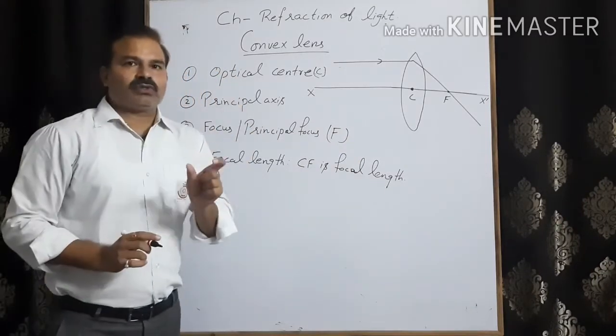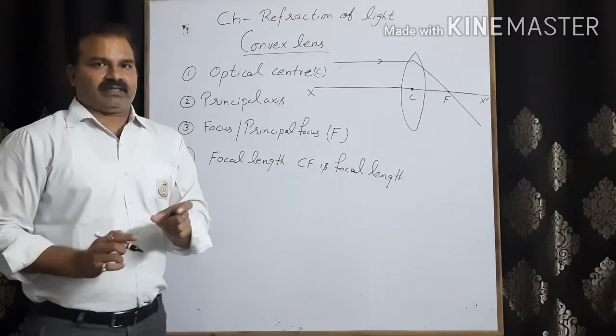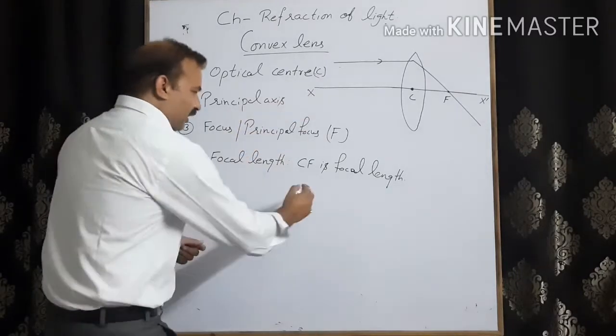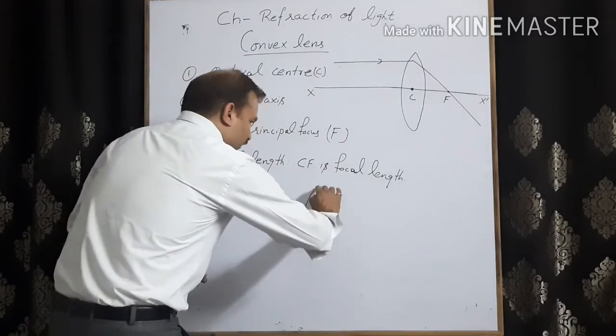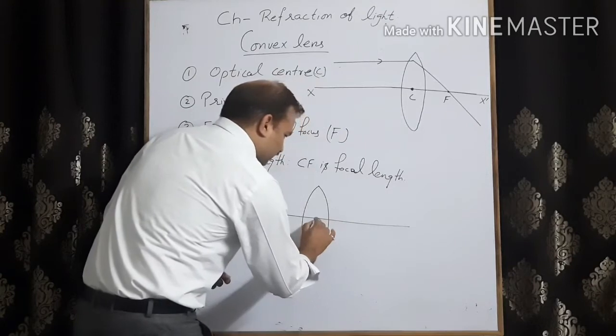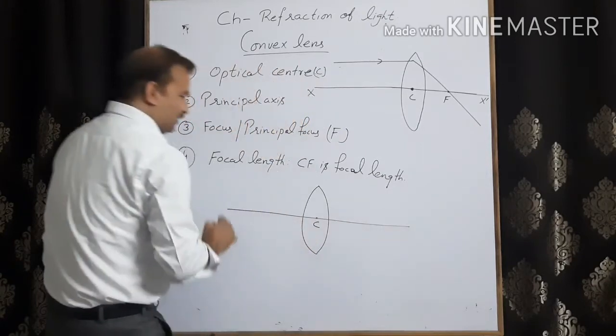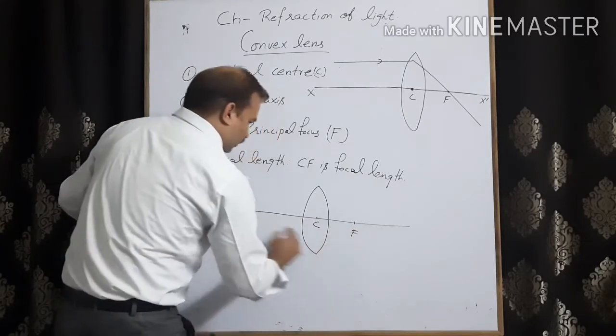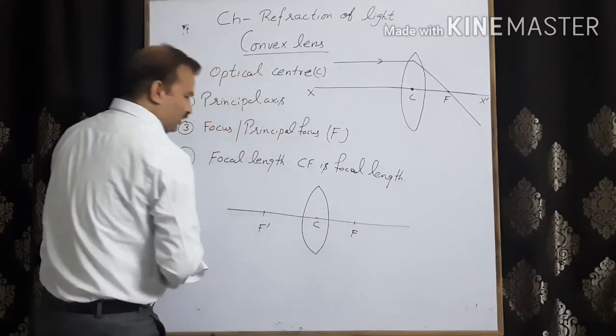Convex lens is also known as a converging lens because of what happens when a parallel ray of light falls on it. I'll draw a diagram here. This is a convex lens. This is the optical center C. This is the principal axis. Now, this is the first focus and this is the second focus.